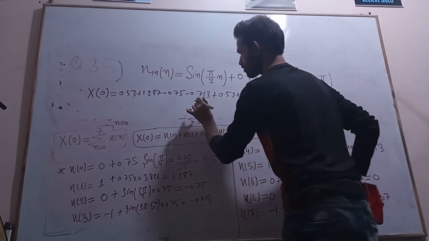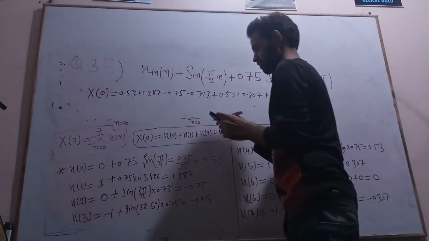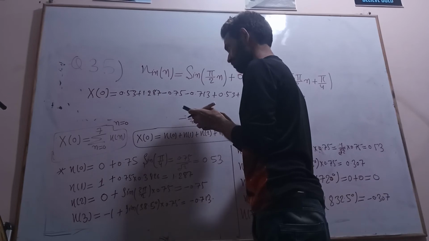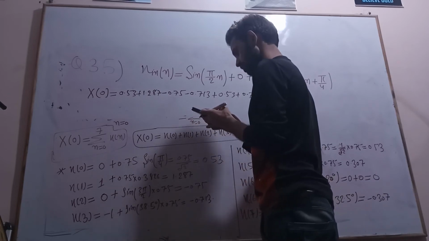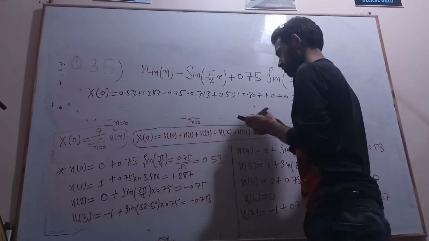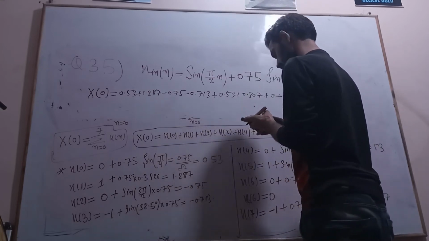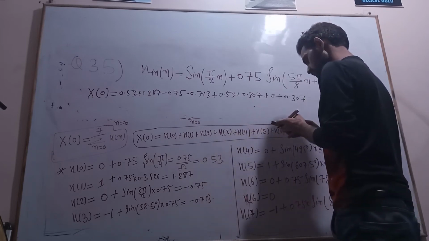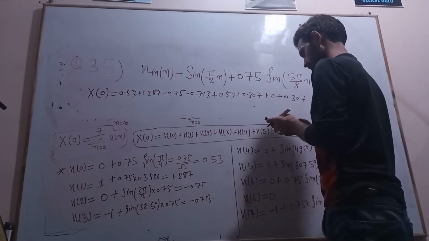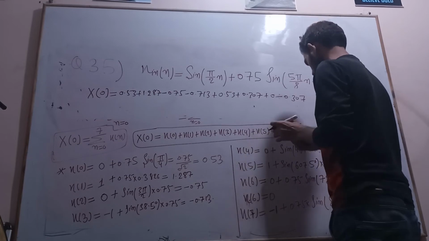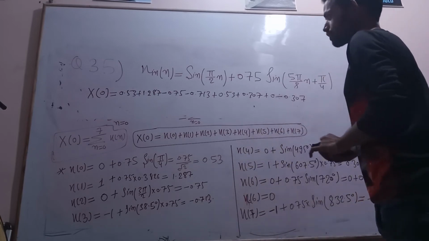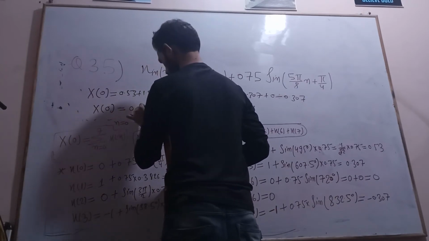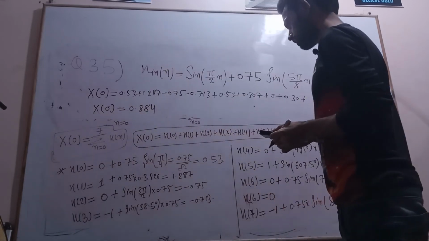Now just add all these numbers. We end up with 0.53 plus 1.287 minus 0.75 minus 0.713 plus 0.53 plus 0.307 minus 0.307, which is 0.884.